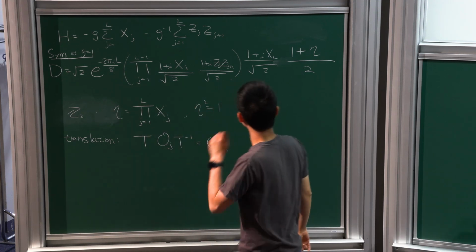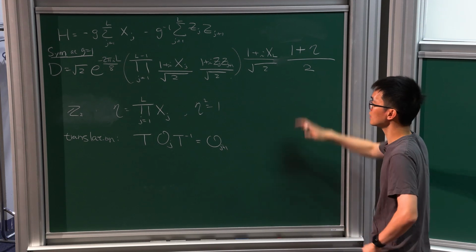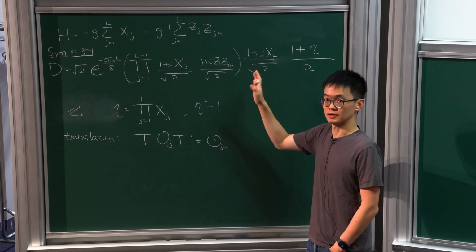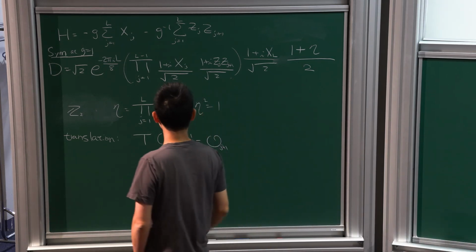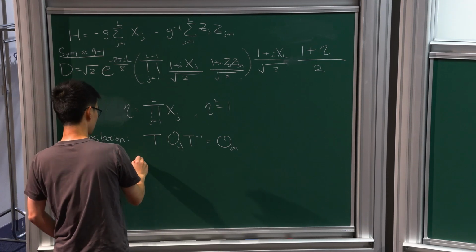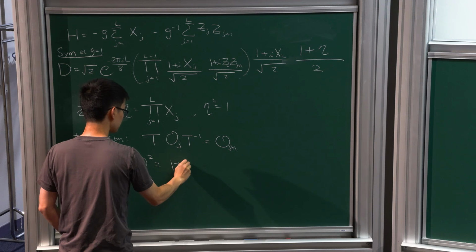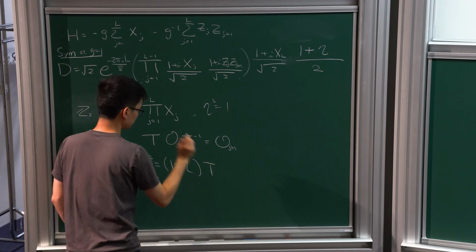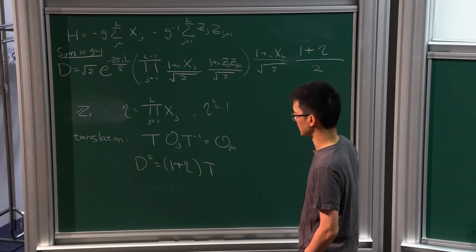Yesterday I wrote down this expression out of thin air, and today we will continue the derivation of this operator D. These three operators at g equals 1 give a very interesting algebra. In particular, D squared is 1 plus eta times T, which is not a group-like multiplication law.